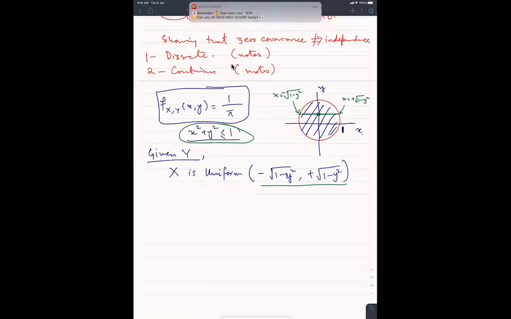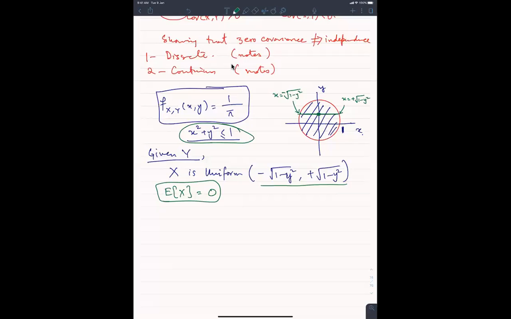So expected value of x, obviously in this case, going uniform from minus some value to plus of that value, expected value of x would be 0. Variance हम find out कर सकते हैं, (b minus a) square over 12, लेकिन उसकी जरूरत ही नहीं है हमें variance find out करने की. Now if you notice, in this case there is a clear dependence between x and y, because x is uniform between minus square root of 1 minus y square to plus square root of 1 minus y square. ठीक है.